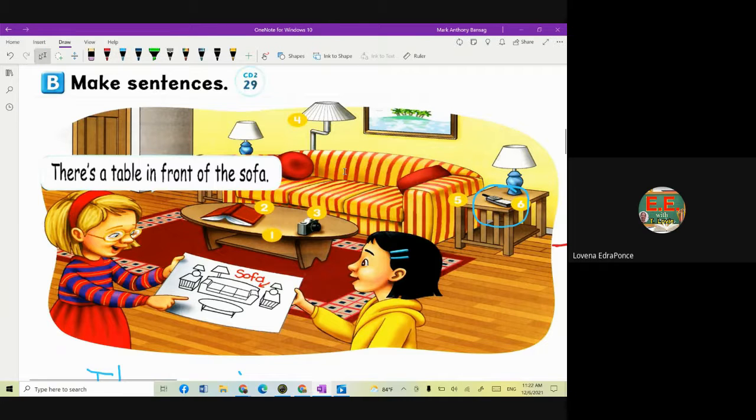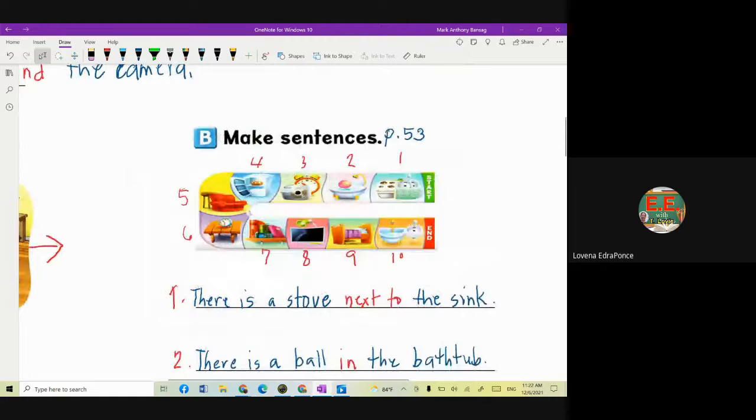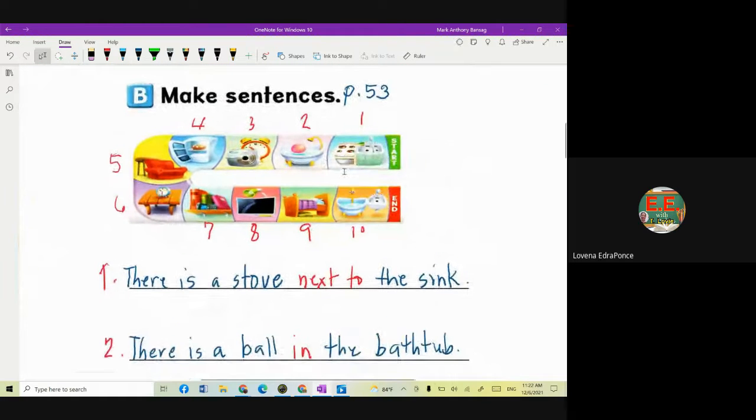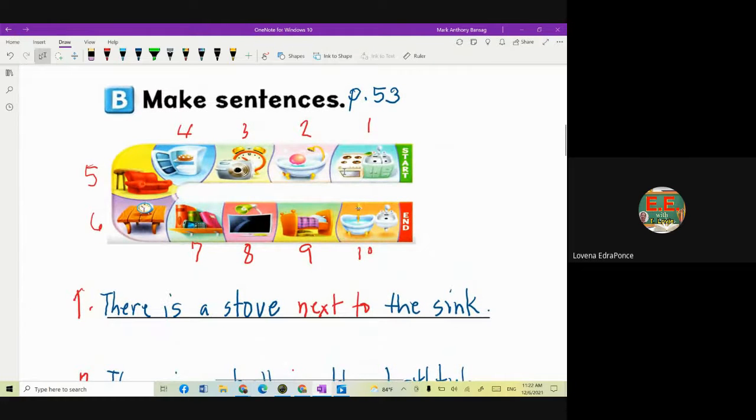All right. Okay. Now, let's try to make more sentences. Now, look at the picture on your book. Open your book on page 53. All right, so look closer. Let's say this is number 1, number 2, and up to number 10.